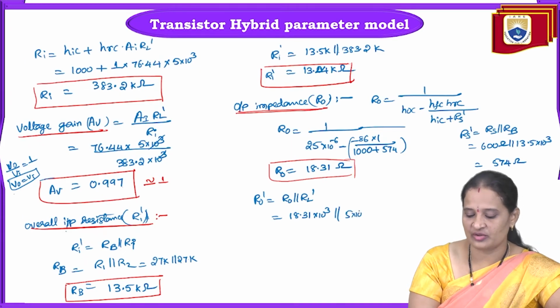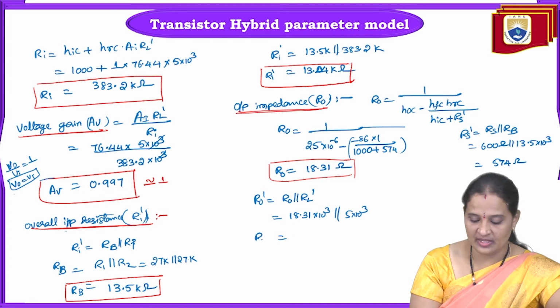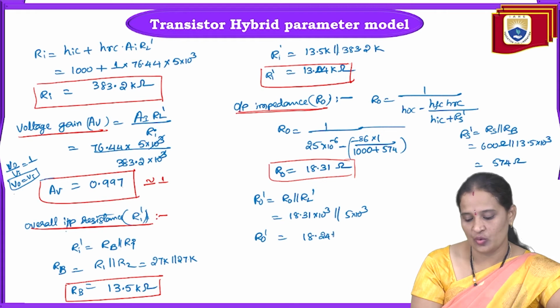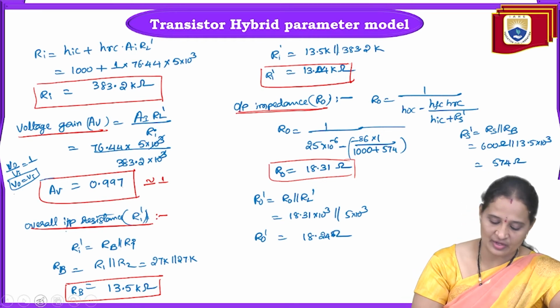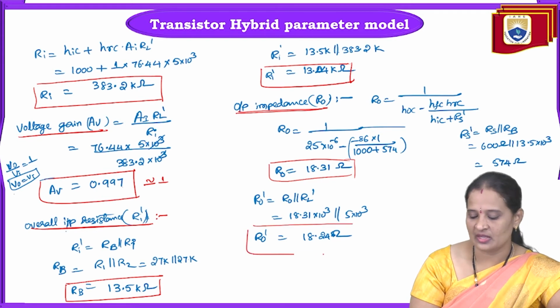Substituting 18.31 in parallel with 5 into 10 to the power of 3, we get R naught dash as 18.24 ohms. That means even the overall output impedance is less.